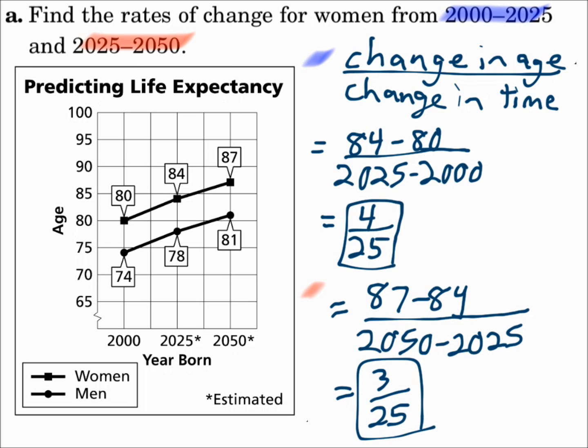For the first one again, we did 84 minus 80 right there, 2025 minus 2000 right there. For the second range, you're doing 87 minus 84 and 2050 minus 2025. So organize it and do the newer one minus the old one.